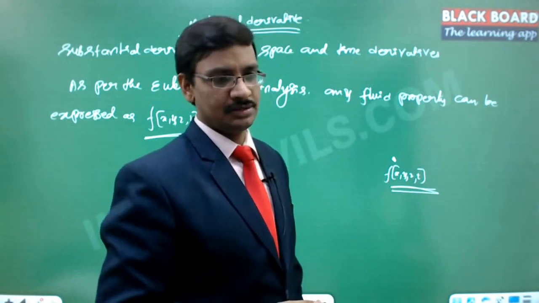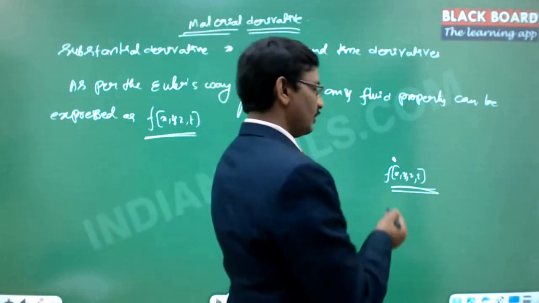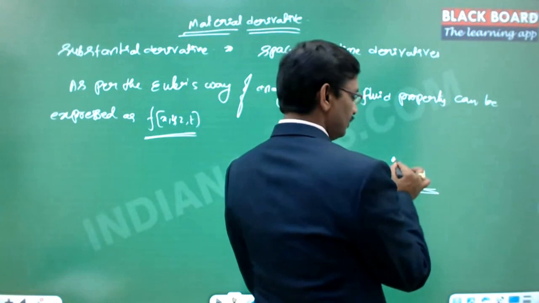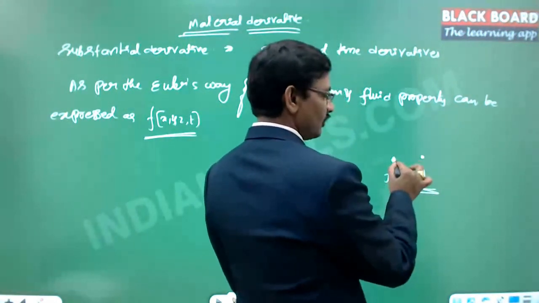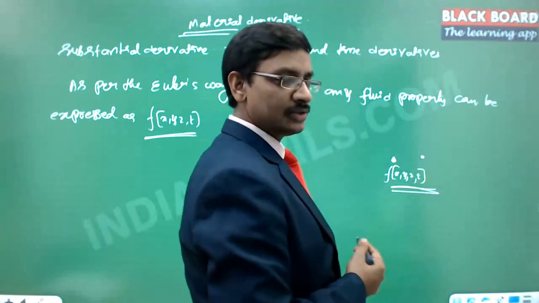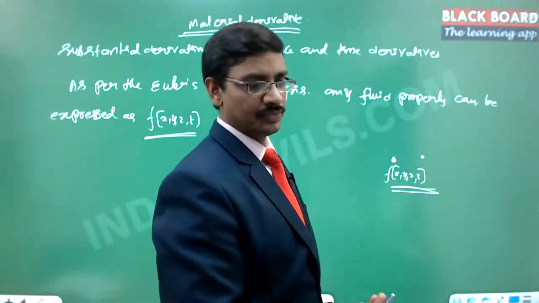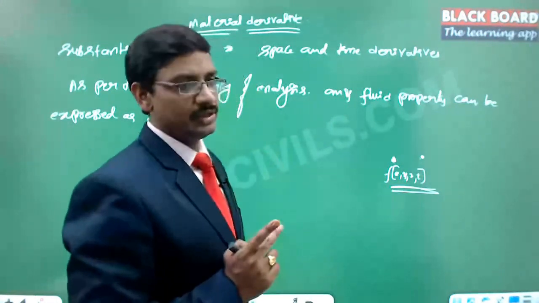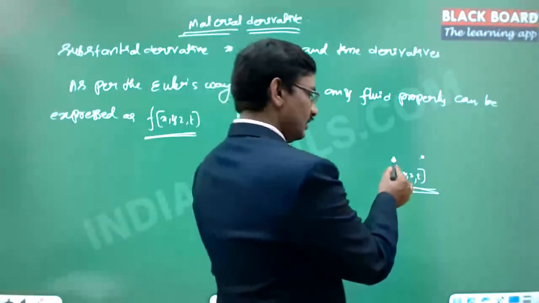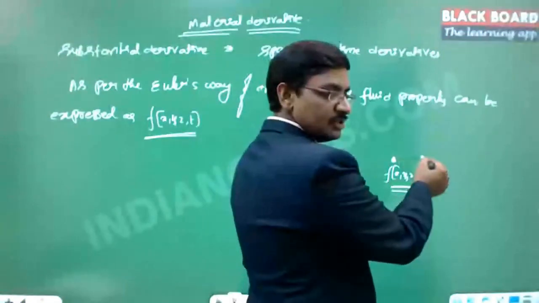So this is one way of analysis. Another is, suppose this particular point is moved to this particular point. That means one particle moved from this point to this point. Obviously it takes a certain amount of time, and by the time it reaches there, there are two different aspects you need to consider. One is there is a time change, along with that there is a space change.